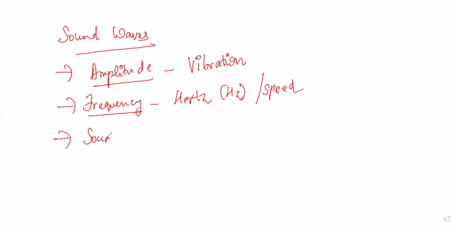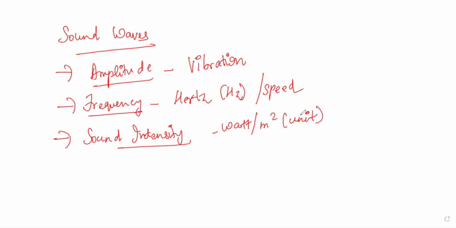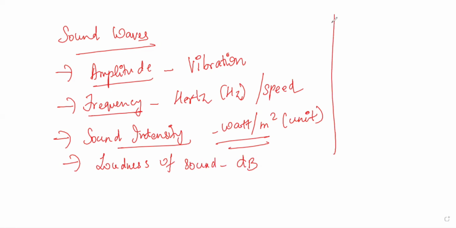Next, the sound intensity. If the sound is loud or light, it is measured by watt per meter square. This is the unit of sound intensity. And then the loudness of the sound, how loud the sound is, is measured by decibels. These are very important terms.